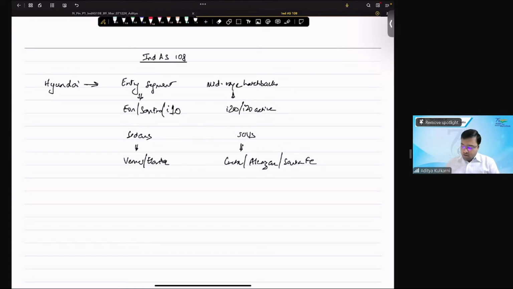Now, if I go by the trends in the market, this segment is definitely not as fast growing as SUVs, definitely pricier than entry segments as well as the mid-range hatchbacks.